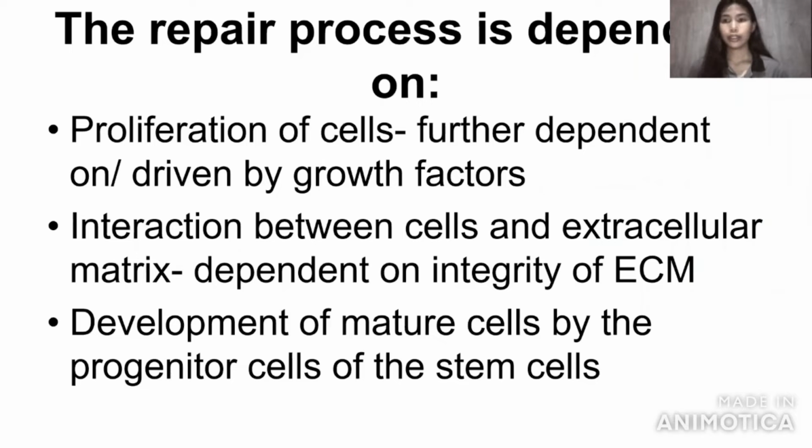Now, let us understand regeneration and scarring in greater detail. The repair process is dependent on a few important things. One is the proliferation of cells, as we already know, and two is the interaction between cells and extracellular matrix.